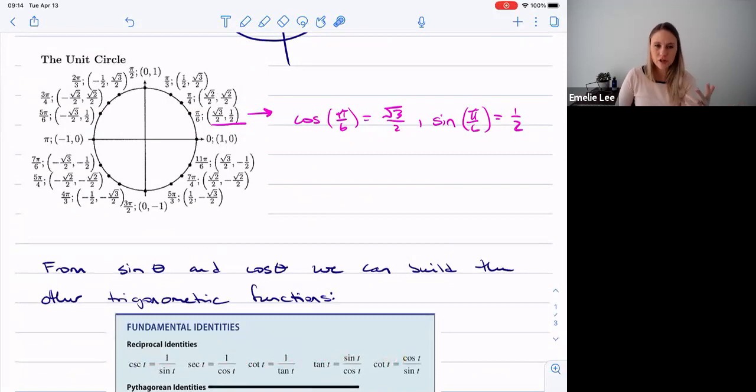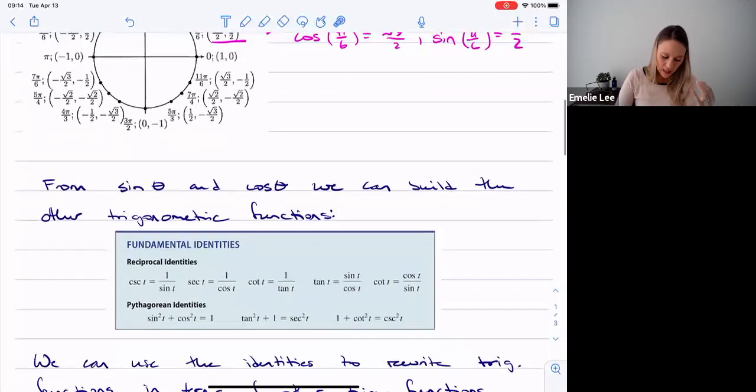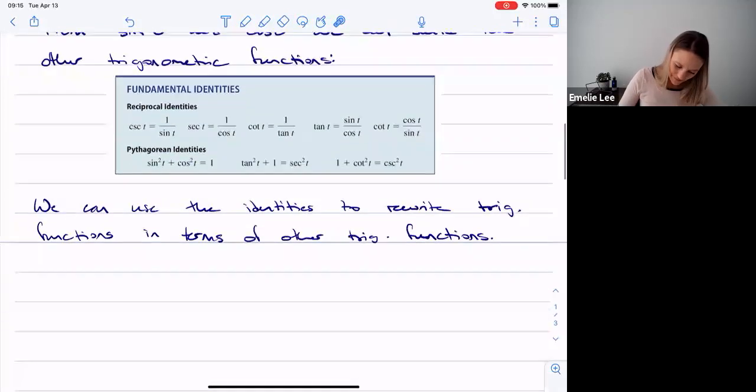When I talk about the other trig functions, there are 6 trig functions that we're going to be concerned with: sine, cosine, tangent, cosecant, secant, and cotangent. Those are the 6 trig functions, and in fact, we're going to work on those some more right now. So that's why I'm not including it in the review. I'm going to use it fresh.